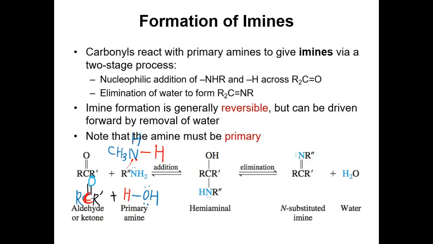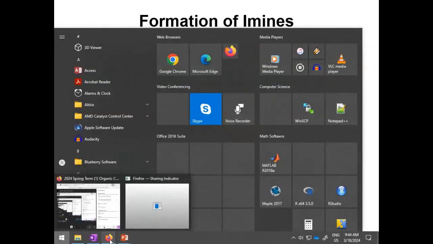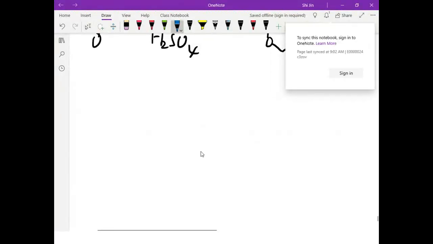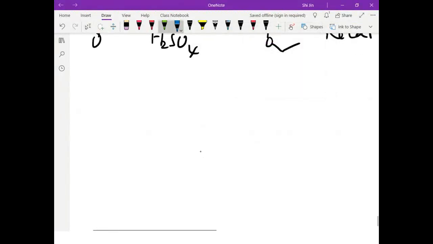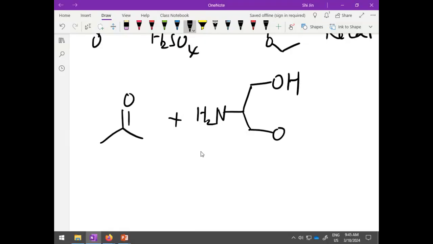So if you have a compound with both an amine and an OH group in the same nucleophile, which one will react? Let's say I have this nucleophile.